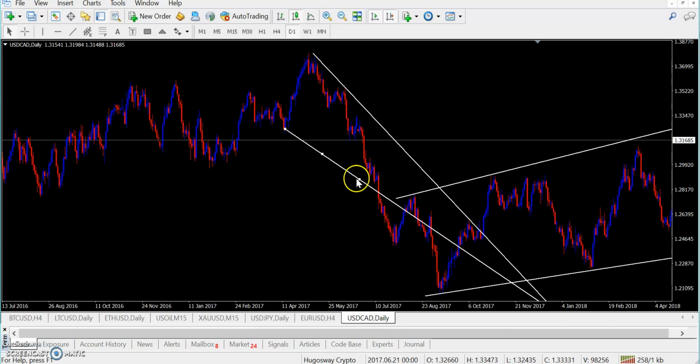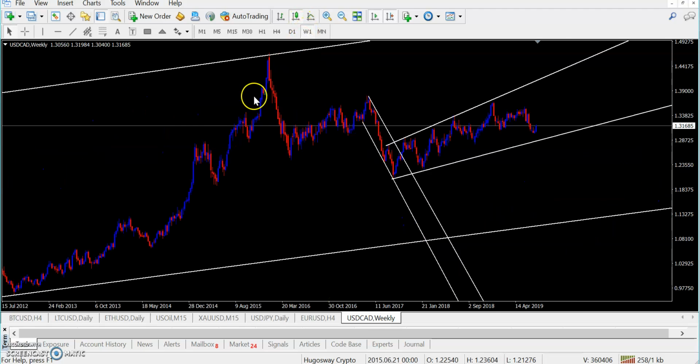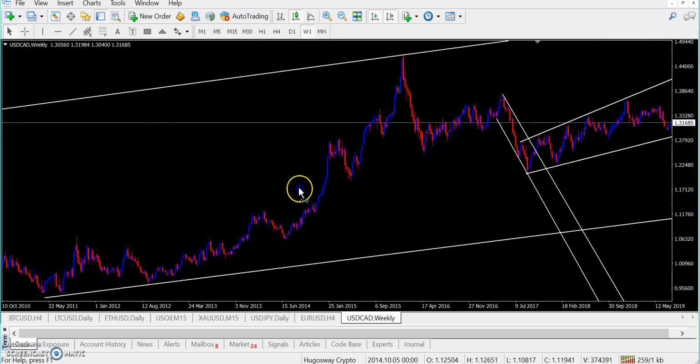Or can we line it up that way? But still, it's not so smooth. We want a better channel than that. We want a channel that's really going to be consistent about touching both sides of the channel.